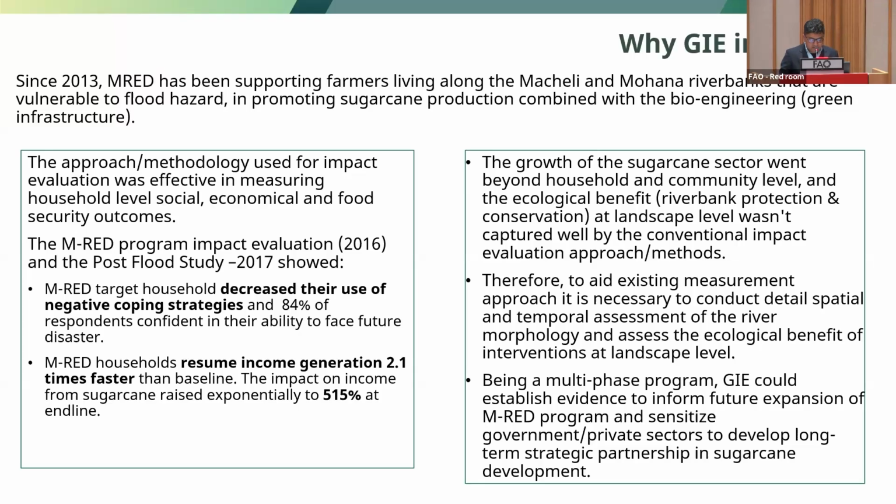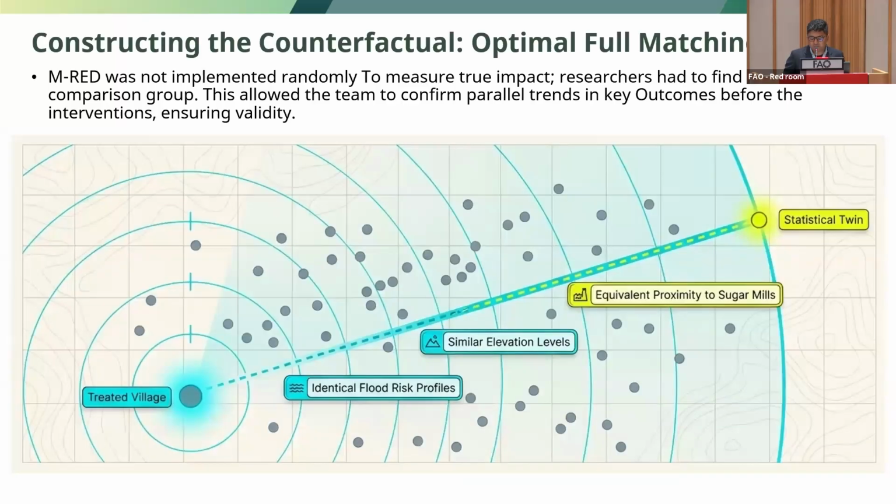Then the team set out to explore: did sugarcane reduce environmental risks? That is, reduce soil erosion and reclaim flood-lost lands. To do so, the team started to try to understand how MRED was being implemented. And as we prepared to work on GIE, one of the key things was looking into where these interventions were being held, so the team could understand if there was a pattern to the selection of communities MRED was working in.